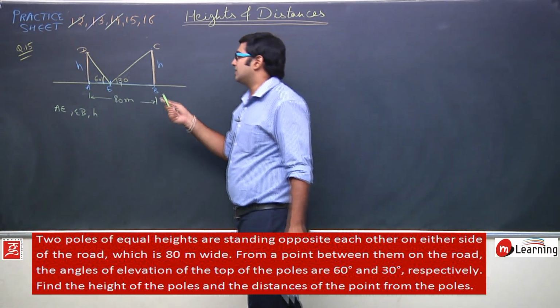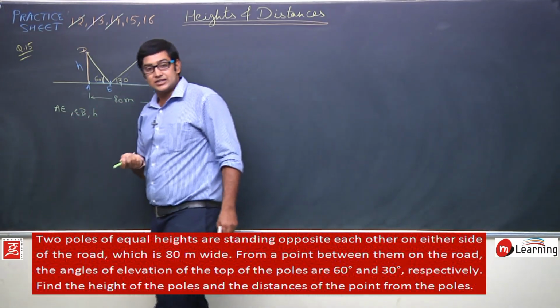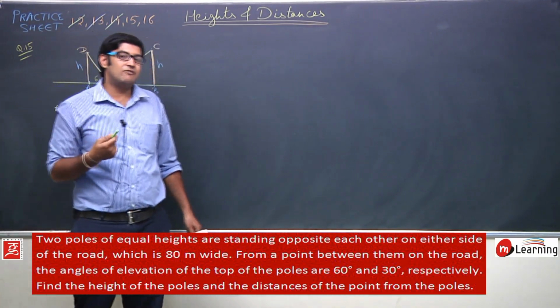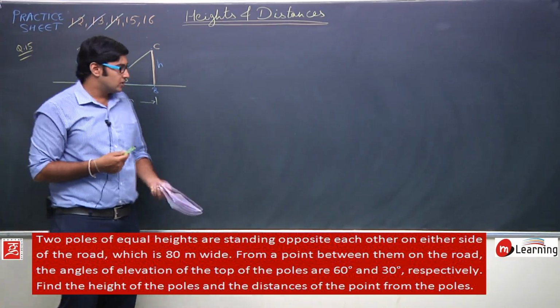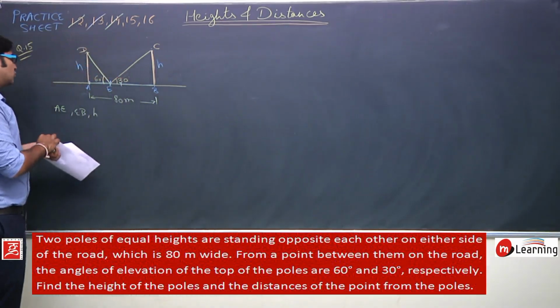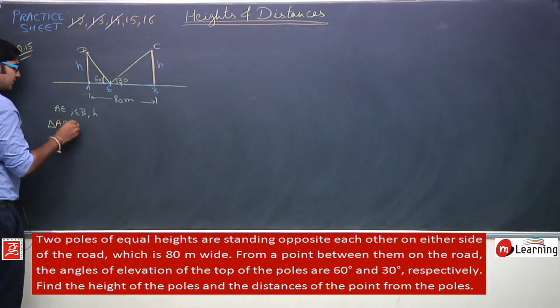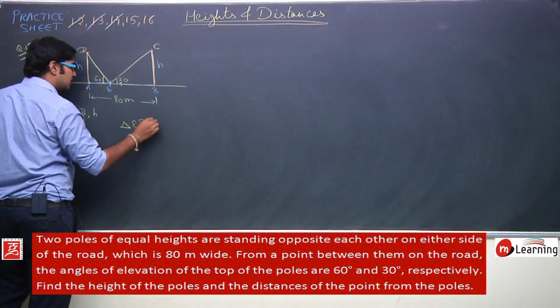This is the approach that we should apply in this question. First we have drawn the diagram, then we have identified the unknown quantities. Next we need to identify the right angled triangles, as I have said previously. Here I can see there are two right angled triangles: one is triangle AED and another is triangle EBC.